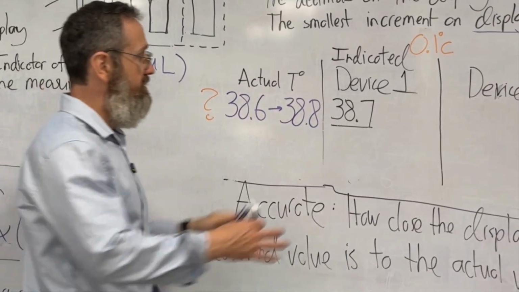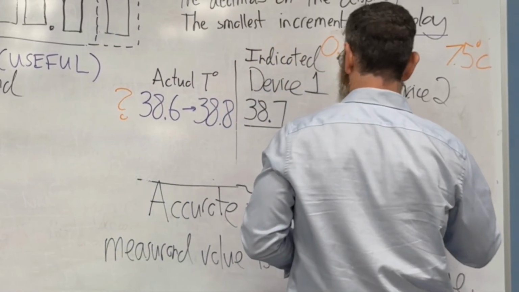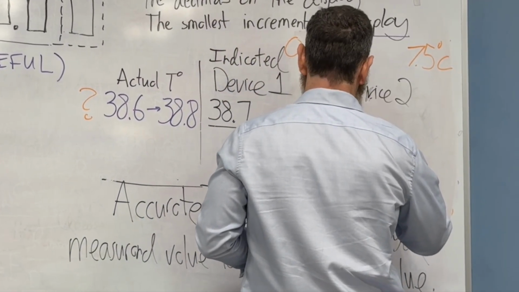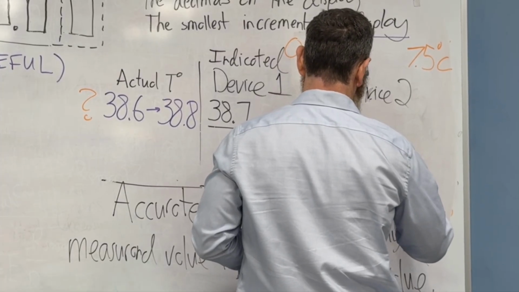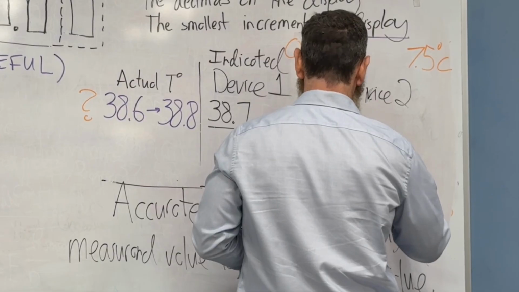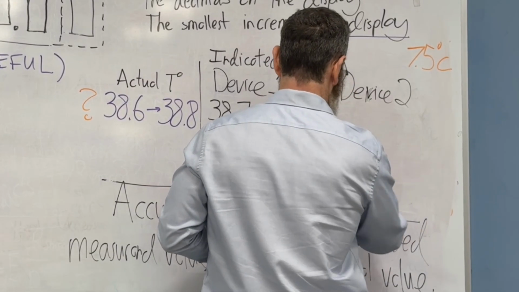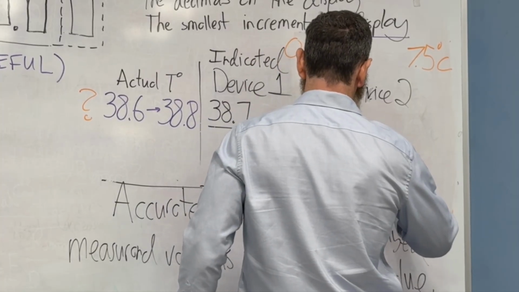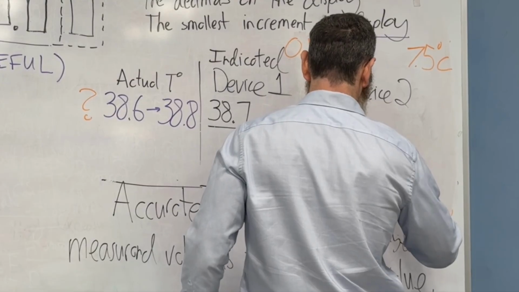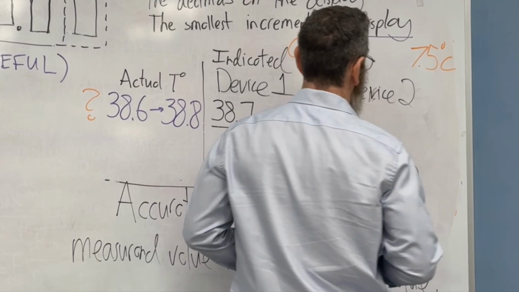Now in this case, let me put it in a different row. It also reads 38.70.